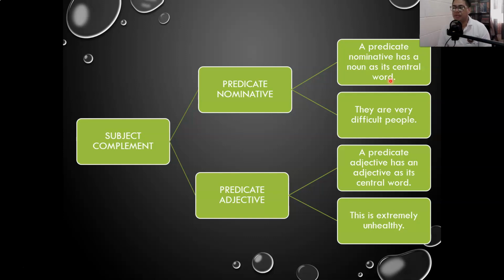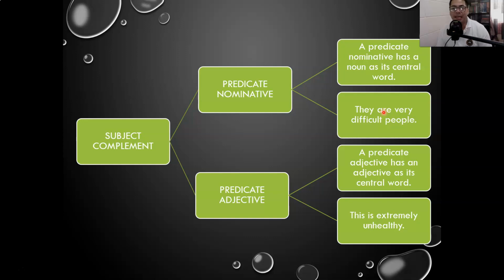See this example. They are very difficult people. Now check this out. Very difficult people. They are what? Very difficult people. Direct object, teacher? No, it's not a direct object because you have a linking verb. And also realize, who are very difficult people? They are.